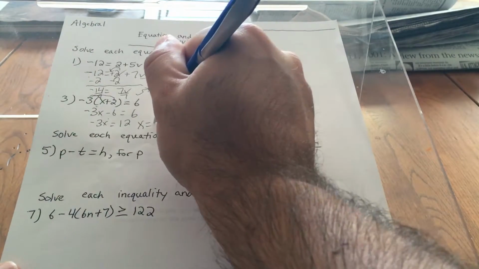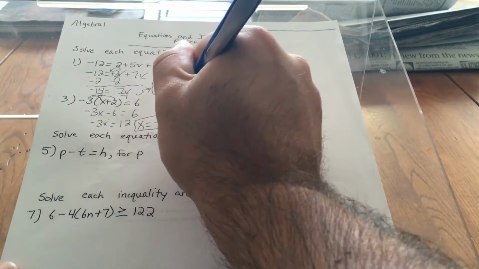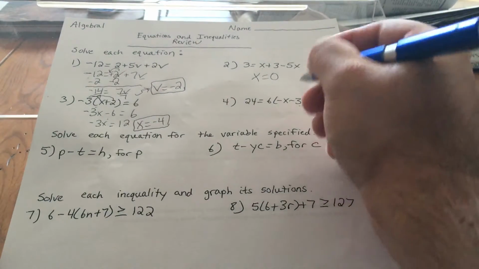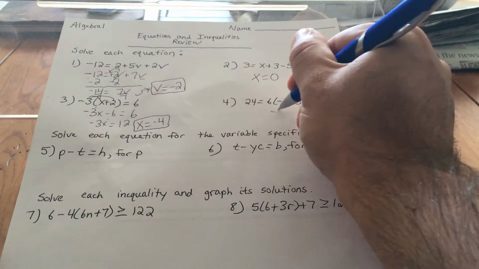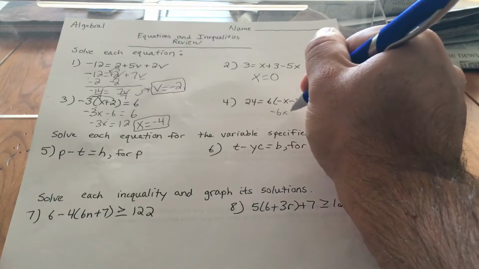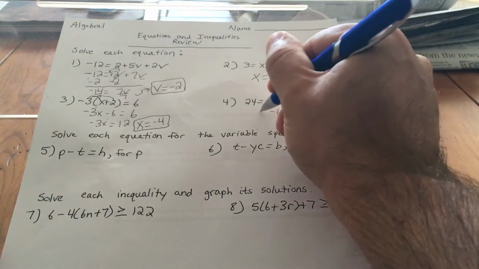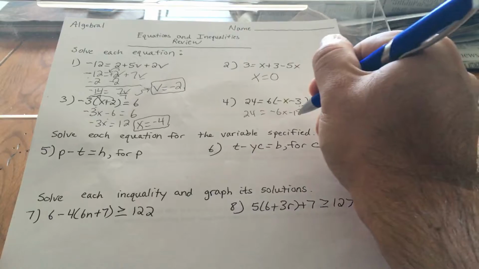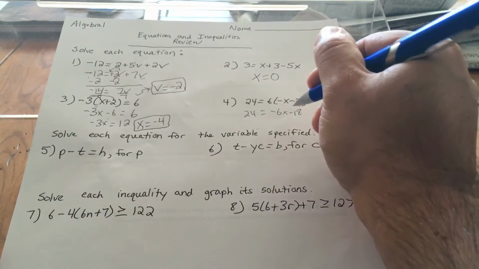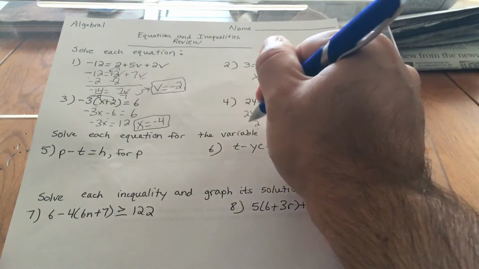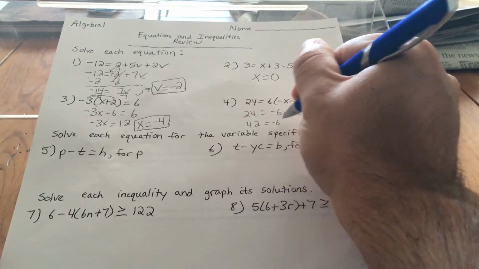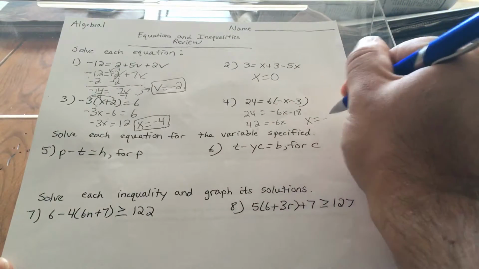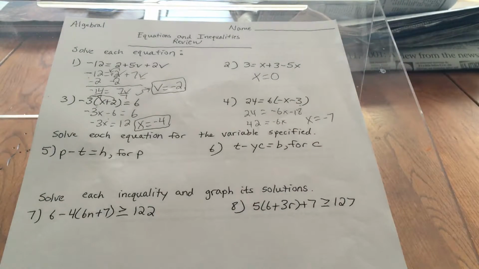So in this case, x will be equal to negative 4. You're going to do the same thing over here. When you solve that out, it'll be negative 6x minus 18 on this side. And then if you add 18 to both sides, you get 12, 42. So you should get x is equal to negative 7 on that one.